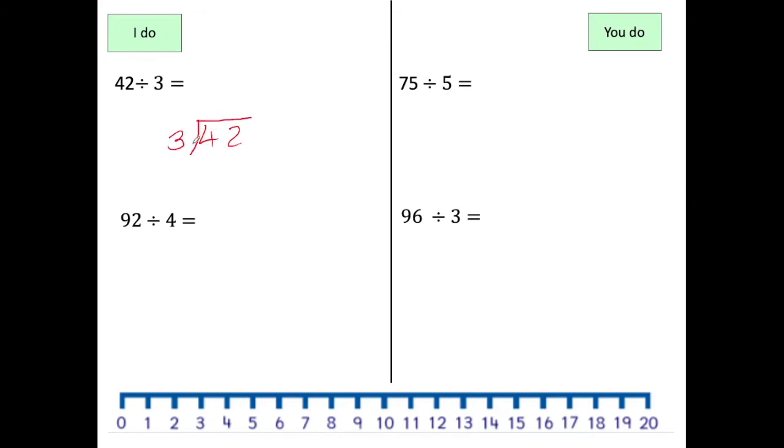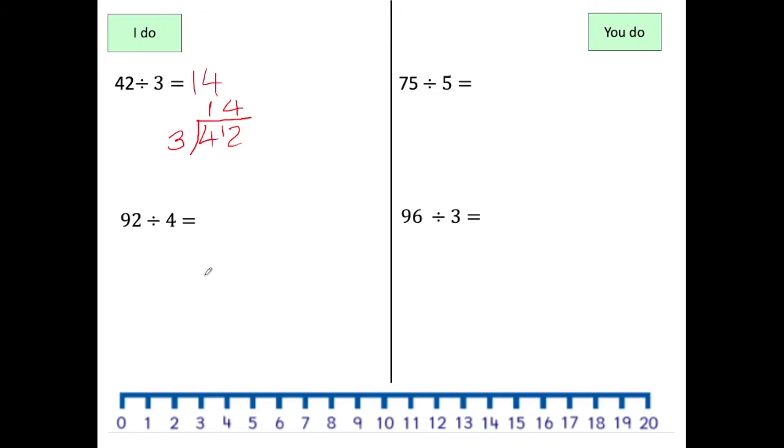So we've got 4 tens here. 3 going into 4, it goes once. But then we're left over with 1. So what we do is we carry that 1 ten across to the units column. And that becomes 12. Now we need to do 3 going into 12. 3, 6, 9, 12, 4 times. So the answer is going to be 14.